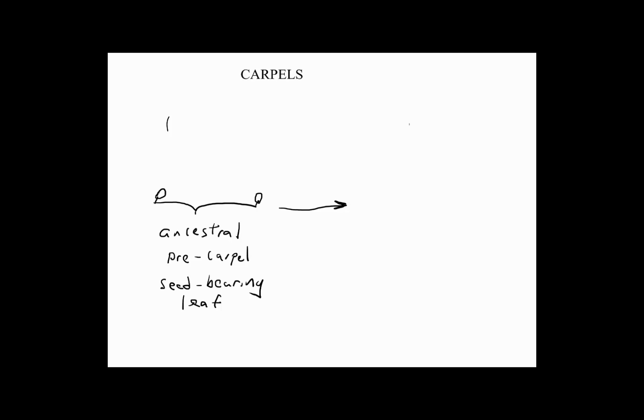So if you think of the margins of this leaf coming together and fusing. So here's one half of the leaf, here's the other half of the leaf, here's where they fuse, and here's the rows of seeds. And this is basically a container within which the seeds are. And this is a very simple one. It's a carpel. It's one carpel.